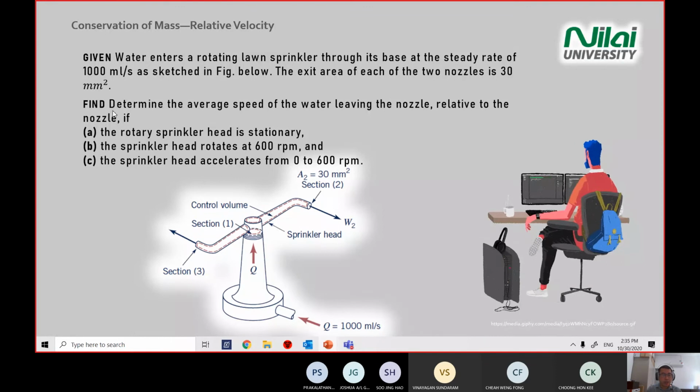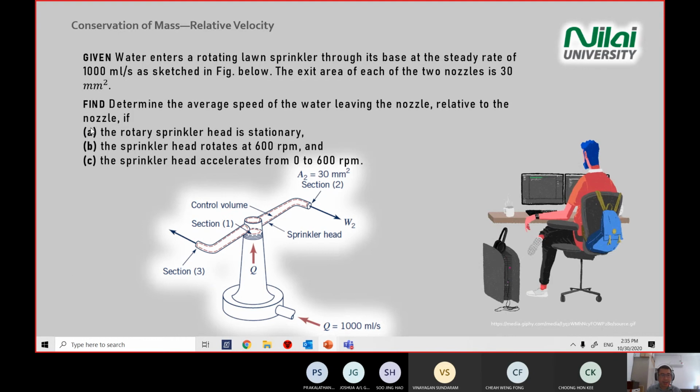So we need to find three things. We need to determine the average speed leaving the nozzle, which is here, relative to the nozzle, for three settings.